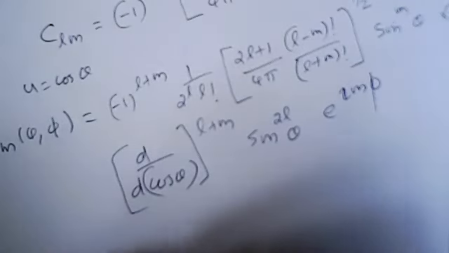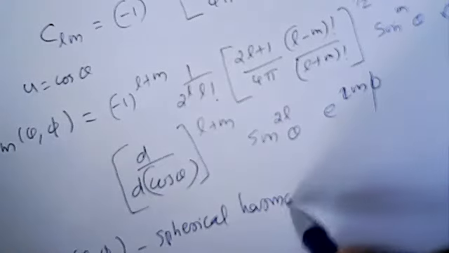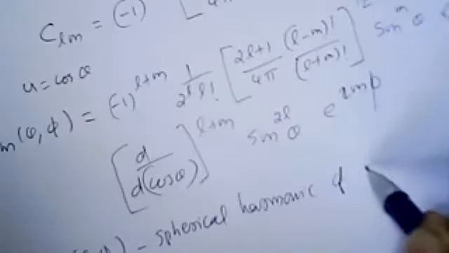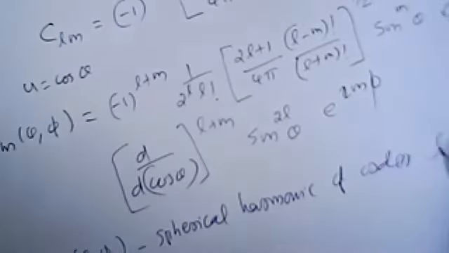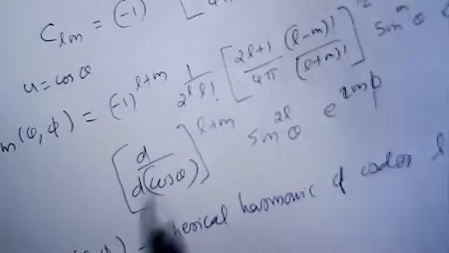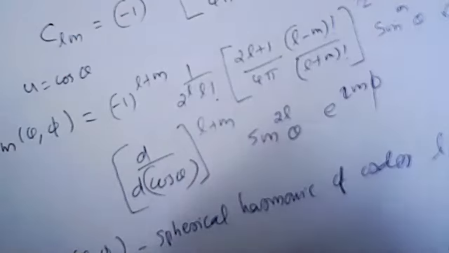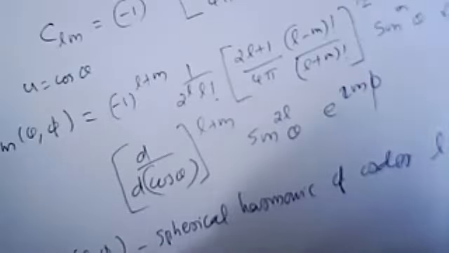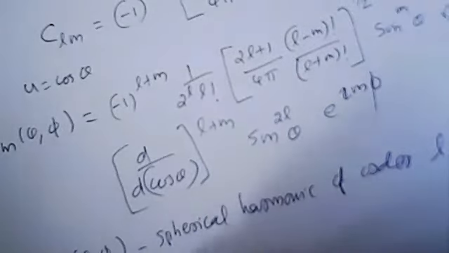So YLM theta phi is known as spherical harmonic of order L. So this is the common eigenstate, common eigenfunction of L square and LZ.